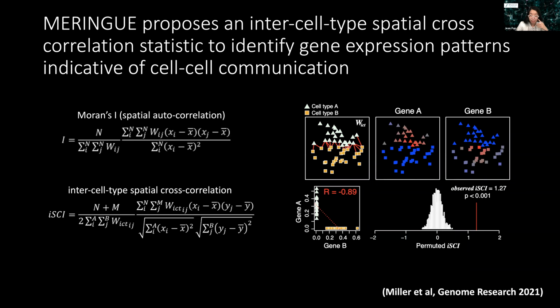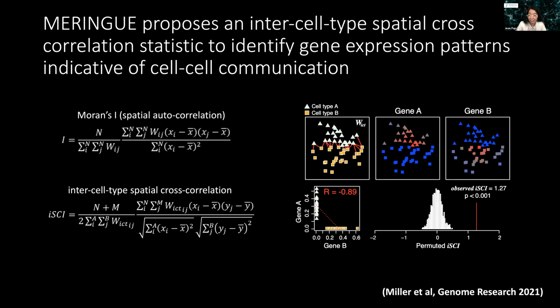But then, for example, perhaps cell type A expresses a particular gene that encodes, let's say, a receptor at different levels. Whereas cell type B expresses the complementary ligand, sorry, at varying levels.